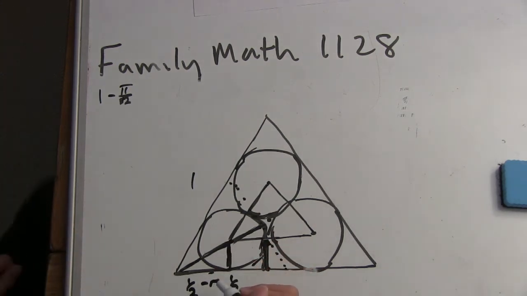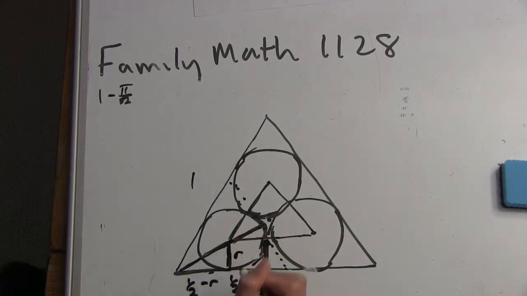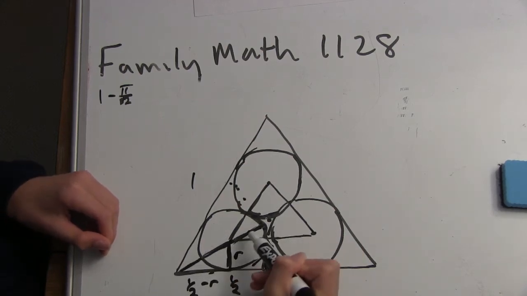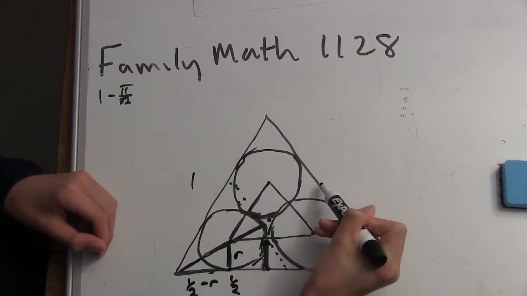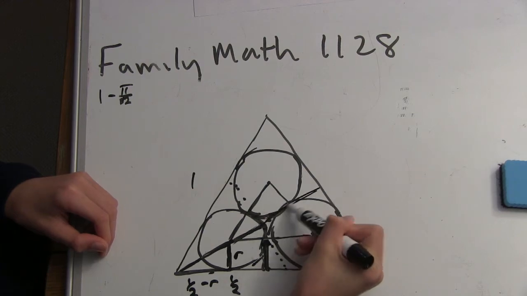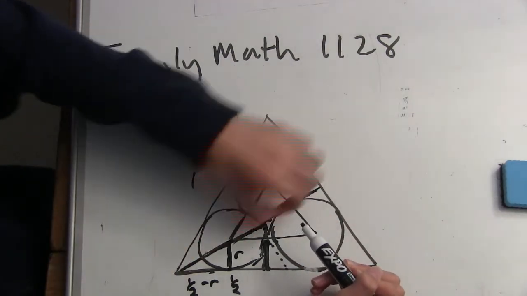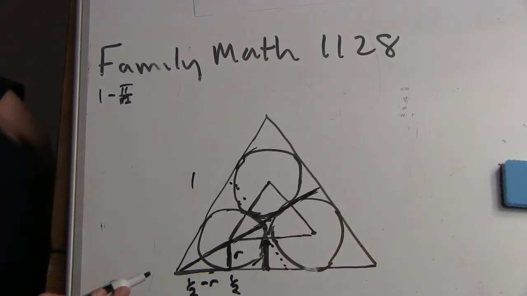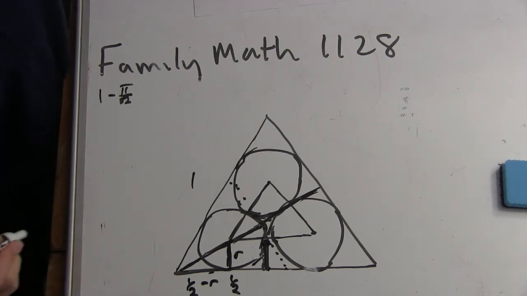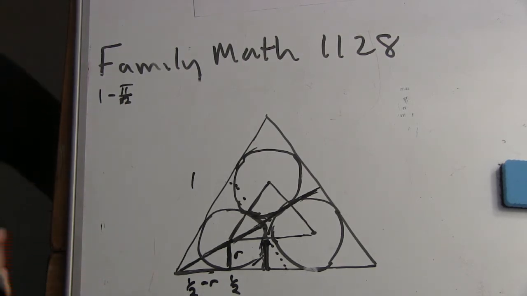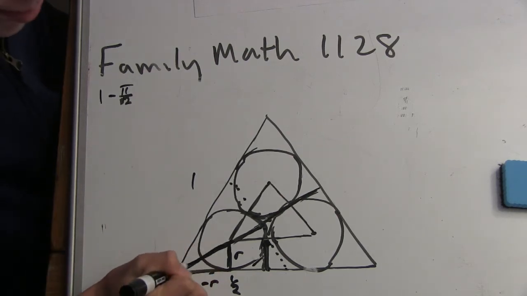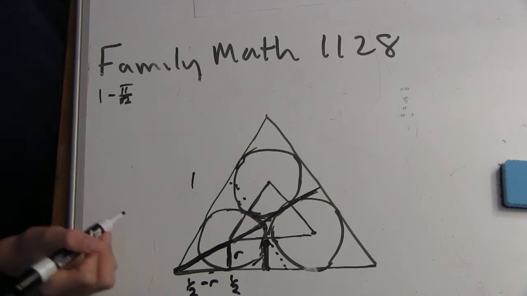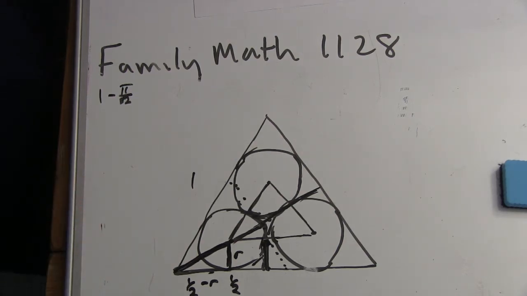This length is r, and since this would extend all the way down to here, we know this whole length is √3/2. And then we have to divide it up so that we can get an expression for this hypotenuse. If we can get an expression for that hypotenuse, I think we will be able to solve for r.